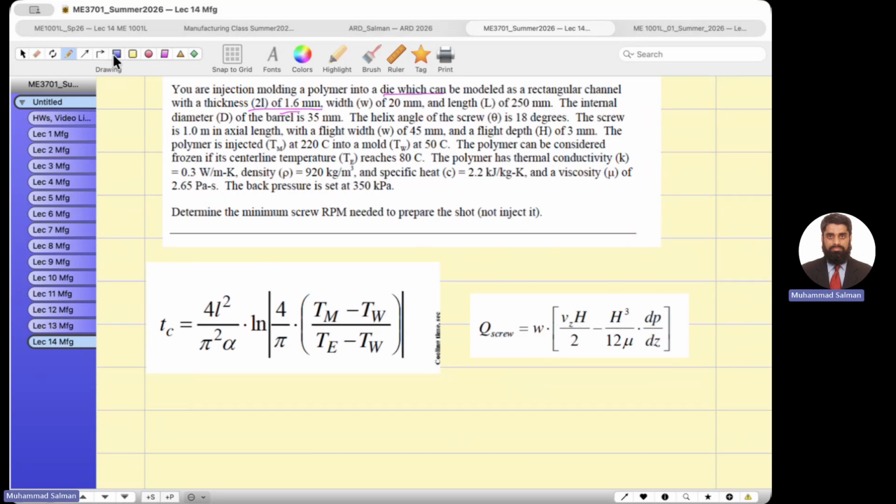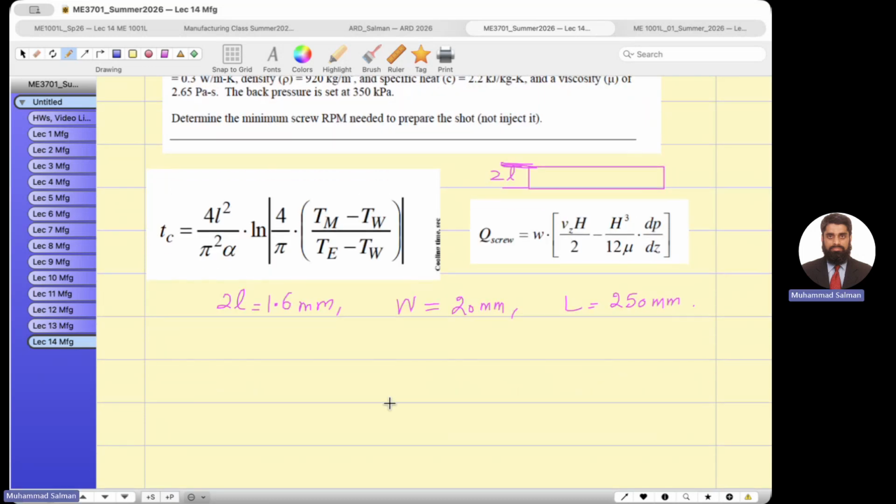So if it is a rectangular channel, the thickness 2L equals 1.6 millimeter, the width is 20 millimeters, and the length is 250 millimeters. So let's calculate the volume.